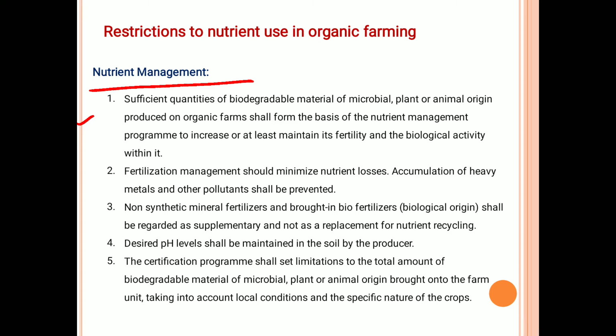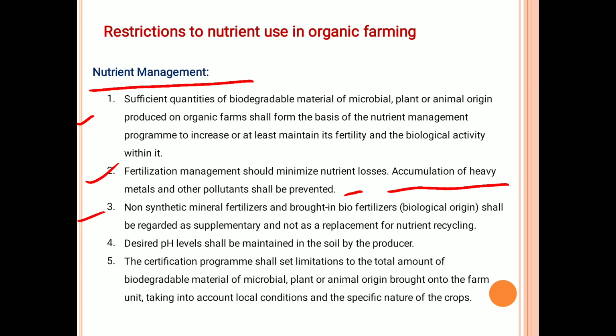The second thing is that fertilizer management should minimize nutrient losses. Then accumulation of heavy metals and other pollutants shall be prevented. It is necessary to maintain the microbial activity in the soil and the soil environment so as to restrict pollutants.